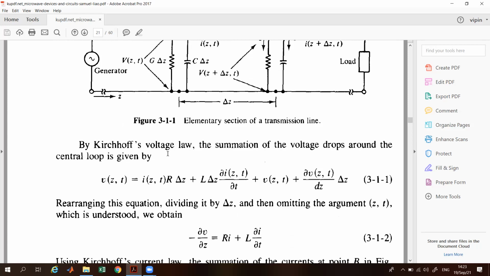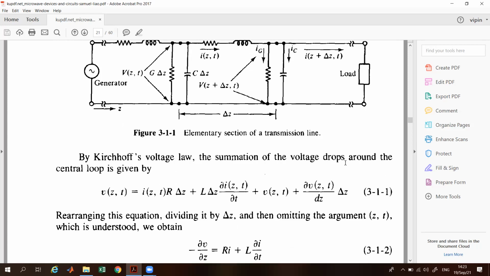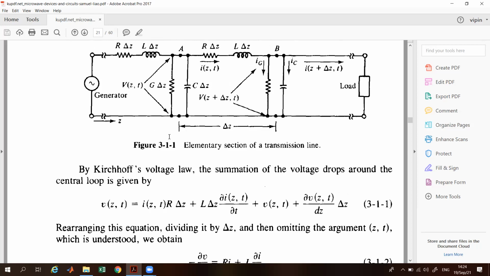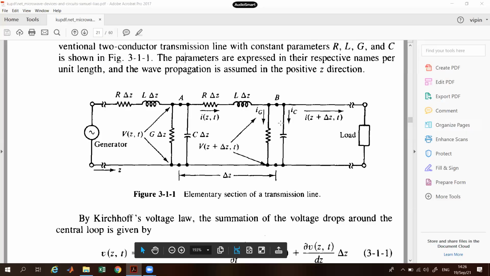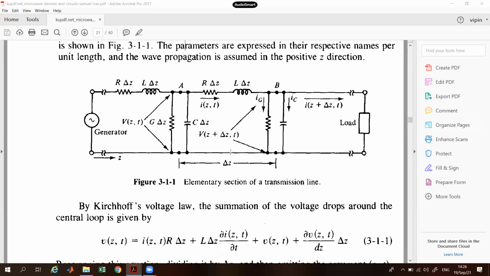As you know, by Kirchhoff's voltage law, the summation of the voltage drops across the loop is given by, so we are applying it across the central loop. So it will be the potential V, I(z,t).